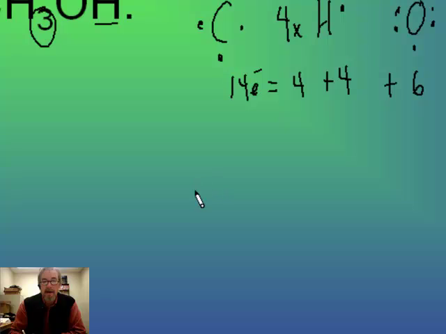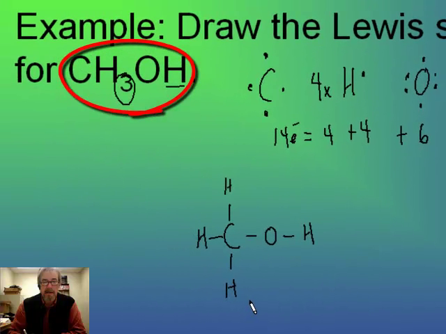Skeleton. Carbon, 4 bonds. Oxygen wants to make 2, so maybe I'll hang that oxygen here and attach a hydrogen to it. And then that leaves me 3 more spots for my remaining 3 hydrogens. You can sort of get an idea of why they made that formula the way they did. By hanging that OH off to the end, they give you a hint as to what its skeleton structure should be like.